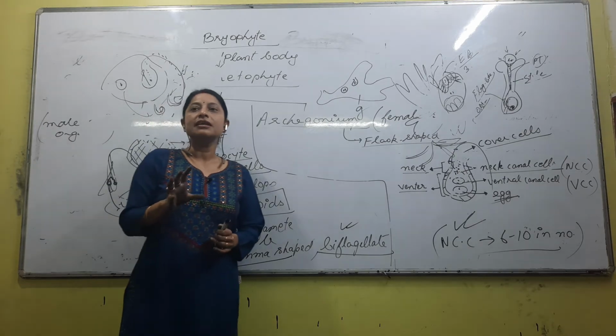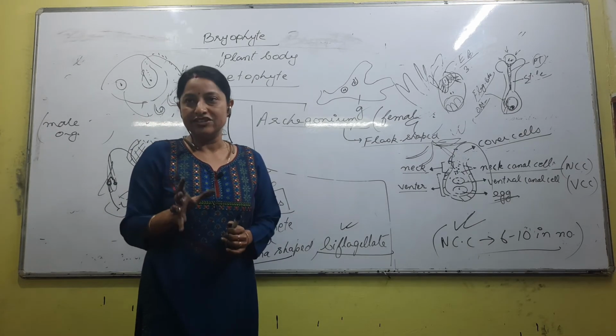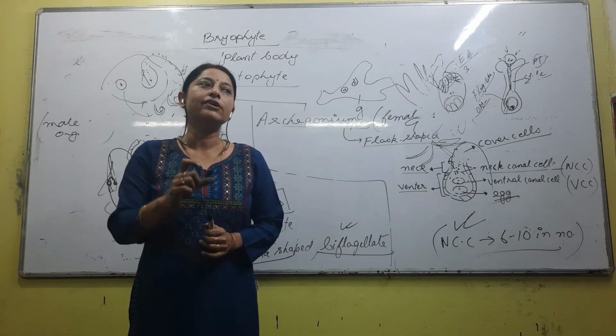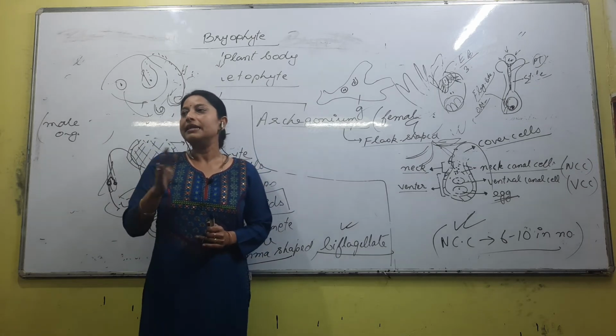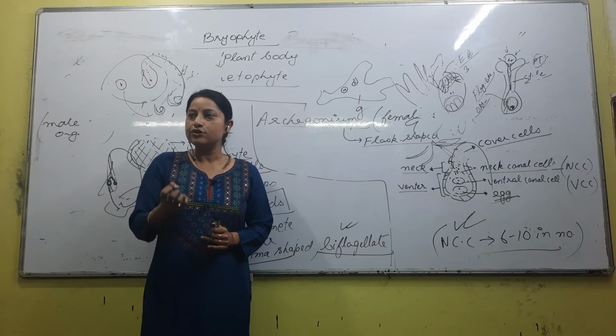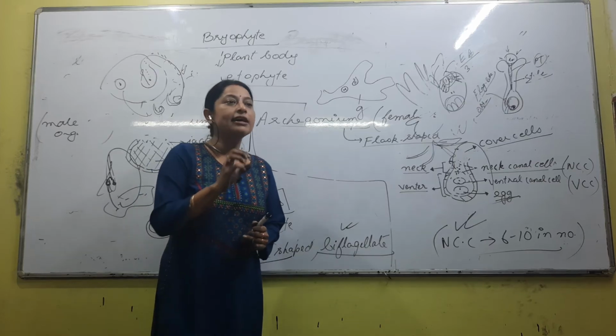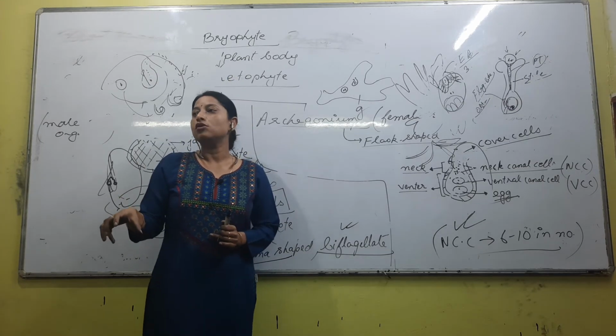What you have learned is the antheridium matures, bursts, and the antherozoids, the male gametes, come out in the water. Similarly, the archegonium also matures, absorbs water, and forms mucilage. The mucilage comes and mixes with the water.